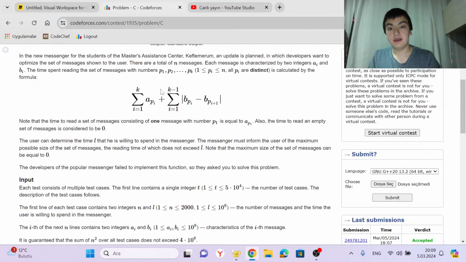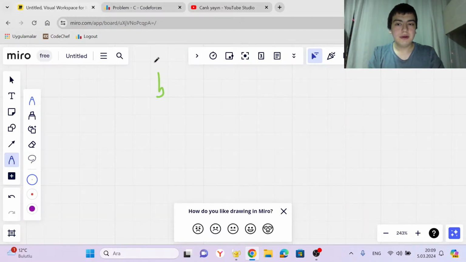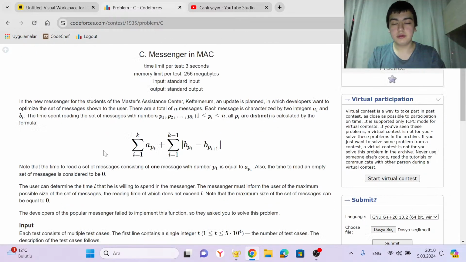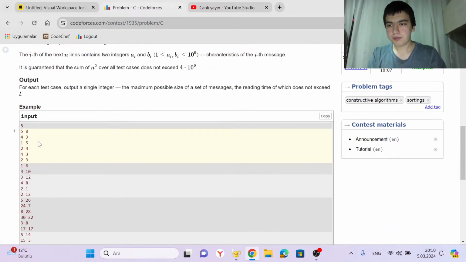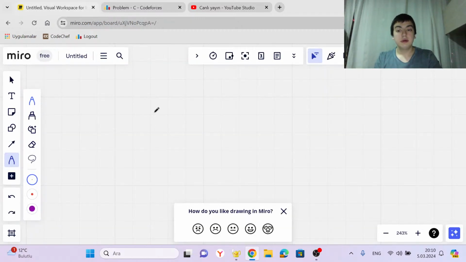The second part is affected by the order of the messages, and the second part looks at the B values. So we will sort the messages by their B values. After sorting the messages, we should look at how many messages we can read.